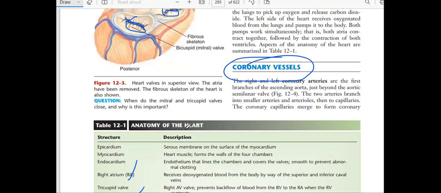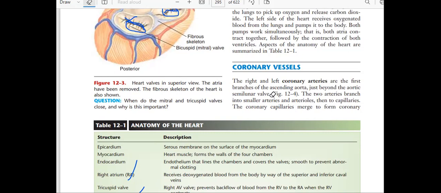Now we will talk about coronary vessels. So the heart is pumping the blood to all parts of the body, but it also needs nutrition, oxygen, and other hormones related to the body. That is the reason we have coronary vessels.